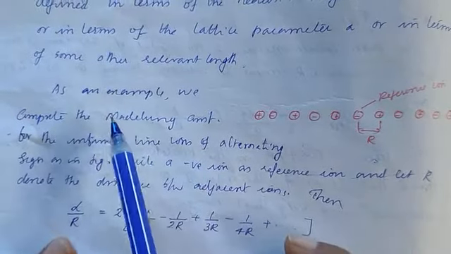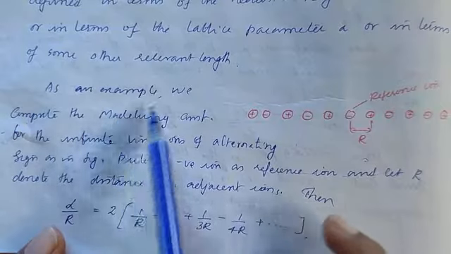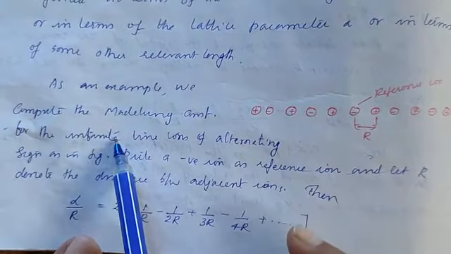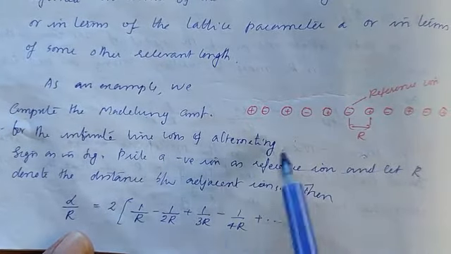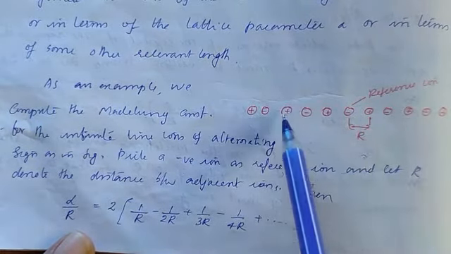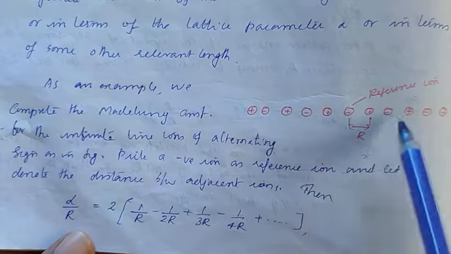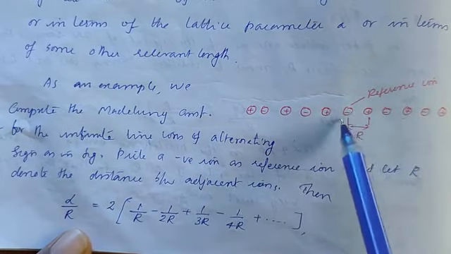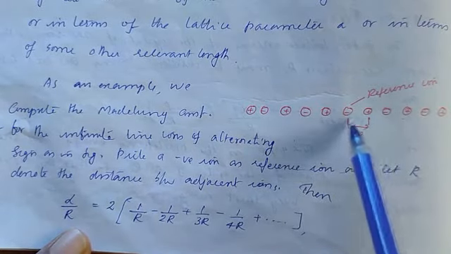As an example, we will calculate the value of alpha. So we compute the Madelung constant for an infinite line of ions of alternating sign, as in here. So we are considering a chain of ions having alternating signs, and the separation is r for nearest neighbors.